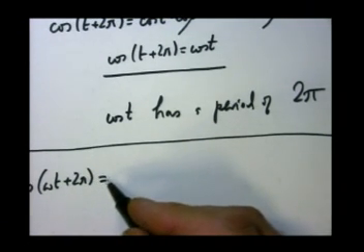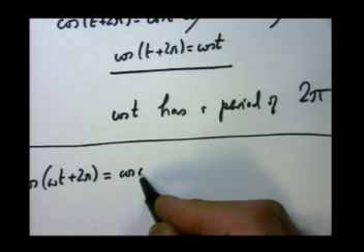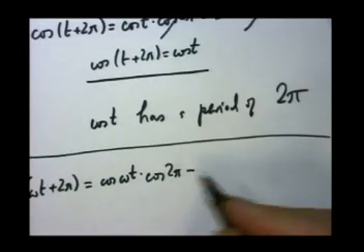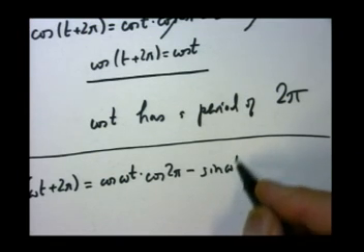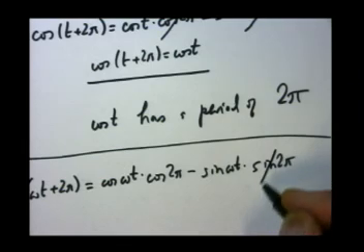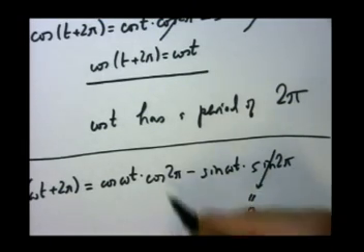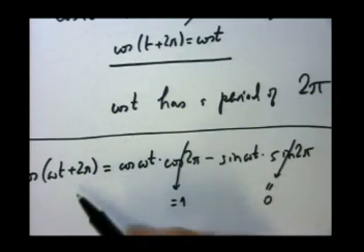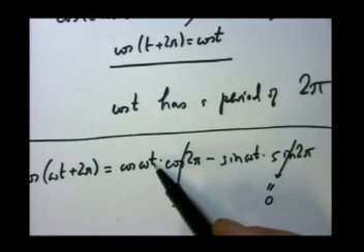So this equals, of course, cosine omega t times cosine 2 pi minus sine omega t times sine 2 pi. Sine of 2 pi equals 0. Cosine of 2 pi equals 1. So I get that cosine of omega t plus 2 pi equals cosine omega t.